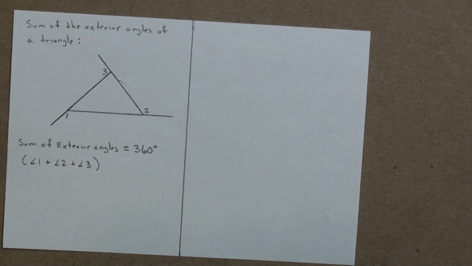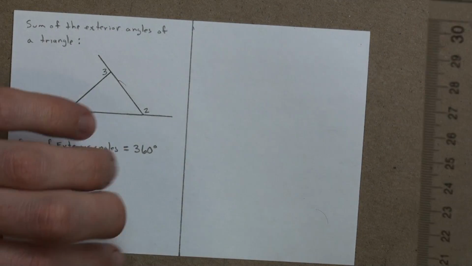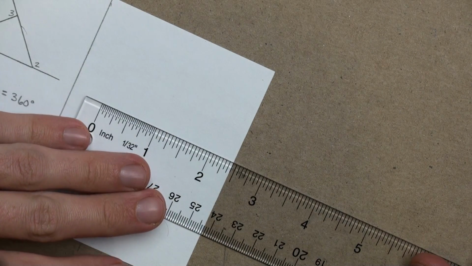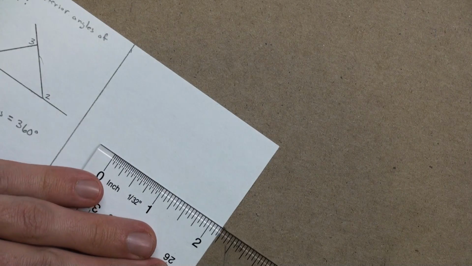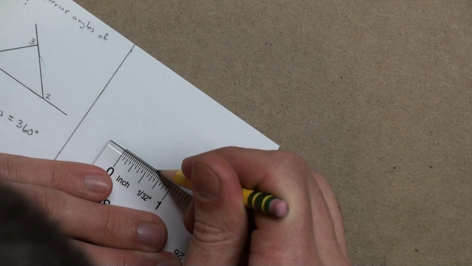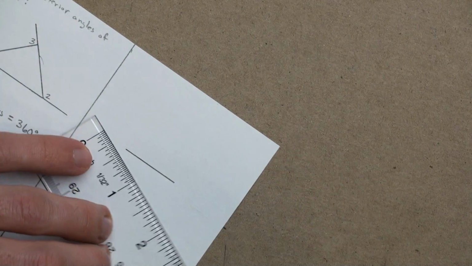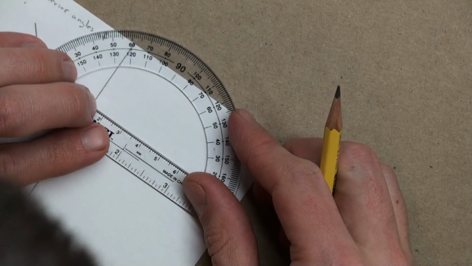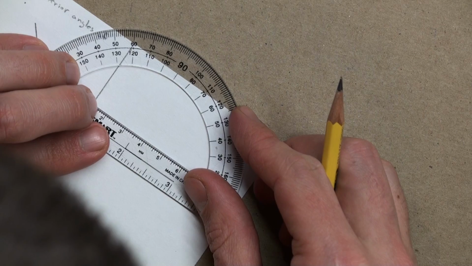Now, on the other side, let's draw a regular polygon, which means that it has to have all of the sides the same length. So I'm going to draw a triangle with all of the sides the same length, about the same length.